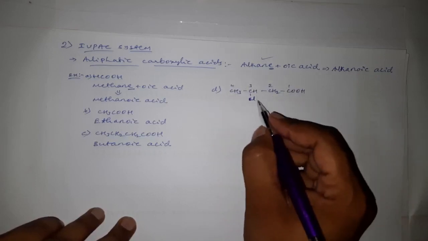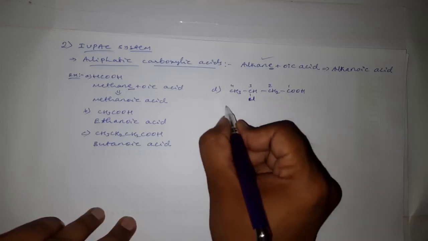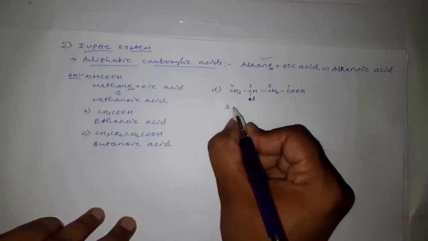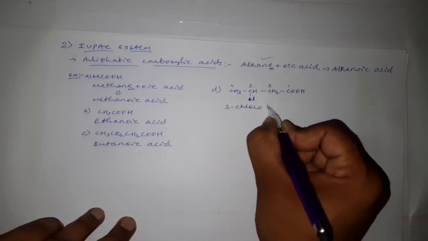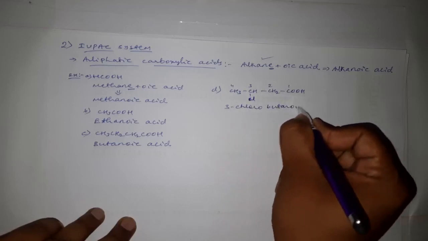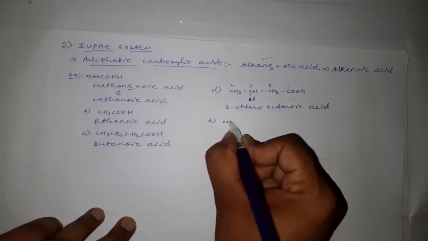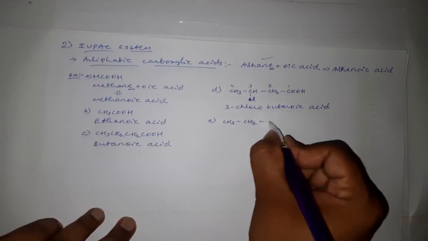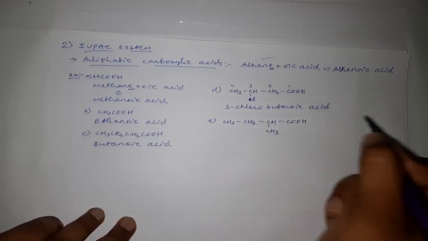On the third carbon one substituent is there, that is chloro. Therefore we name it 3-chlorobutanoic acid.